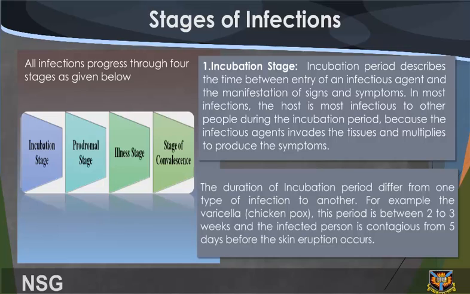The duration of incubation period differs from one type of infection to another. For example, varicella, chickenpox: this period is between 2 to 3 weeks and the infected person is contagious from 5 days before the skin eruption occurs.